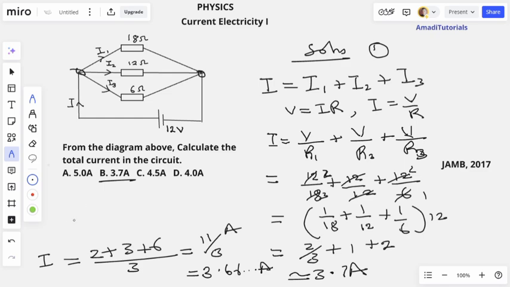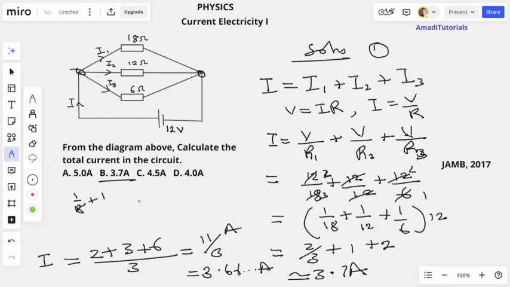The next method that you may want to use is to calculate the equivalent resistance first. You calculate the equivalent resistance by doing 1 over 18 plus 1 over 12 plus 1 over 6.